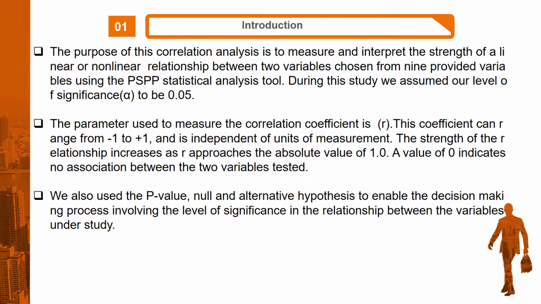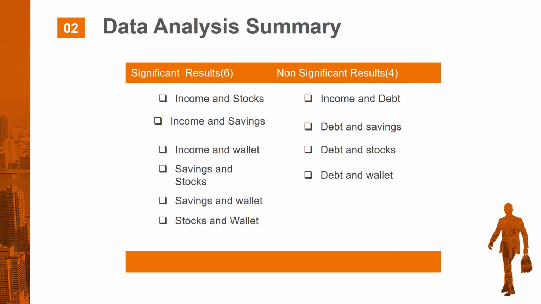That is to say, a value of 0 indicates no association or no relationship between the two variables under study. Just like I mentioned earlier, we'll use the p-value and the null hypothesis to enable this decision-making process.